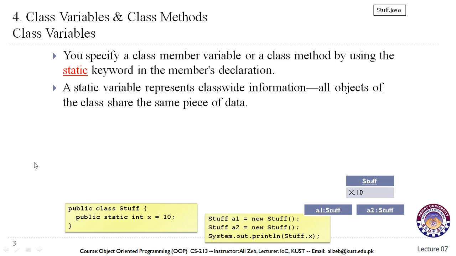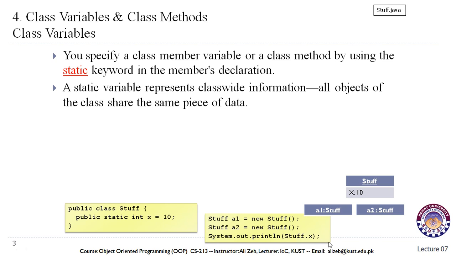For example, this variable x is initialized to 10 and it is a static variable, and even if we create two objects for this class, a1 and a2, the value of x will remain the same for both of these objects.